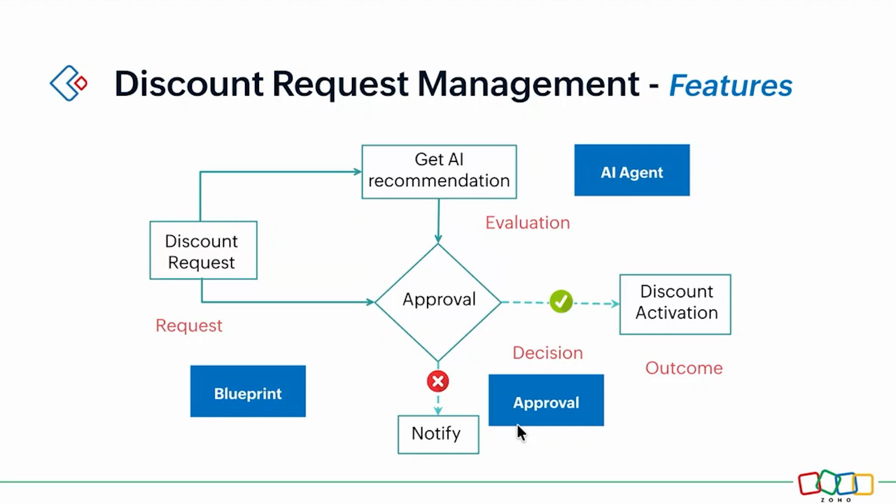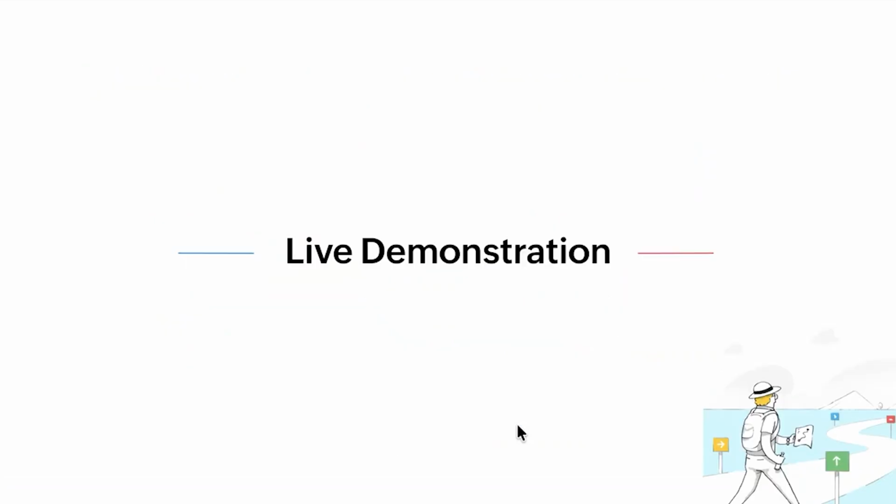So this is all about the discount request management we have designed, and we will be discussing the next step, that is the live demonstration. In this live demonstration, I will walk you through the discount request management application, how the blueprint is built, and how it will be managed within the final output.